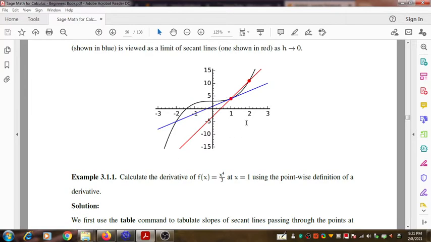The problem is explained here. If this is the curve of the given function, then the point x equal to 1 is as mentioned in the question. You can see in this figure the point x equal to 1 is here, and when you consider the intersection of the vertical line with the curve, you get that point.